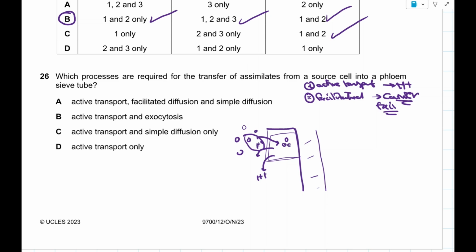Now, once the sucrose is inside the companion cell and there's a higher concentration of sucrose inside the companion cell, it goes by passive diffusion into the sieve tube element down the concentration gradient through the plasmodesmata. So there should be plasmodesmata here. Therefore, all 3 of these processes are involved in the assimilate transportation through the sieve tube element. Therefore, the answer must be A.